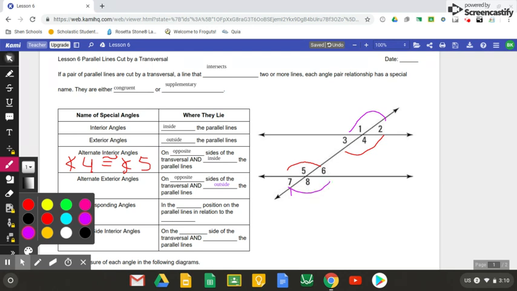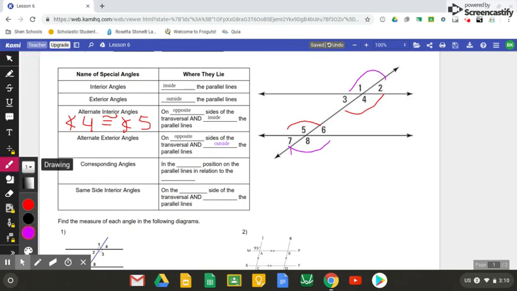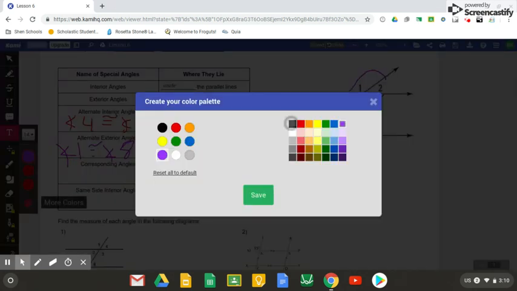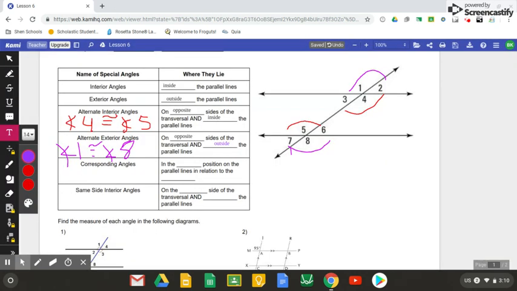And guess what? Angle 1 and angle 8 are, in fact, congruent. Another pair of alternate exterior angles that we have here happen to be, sorry, I'm getting my, what does it happen to be? 2 and 7. That's another pair.